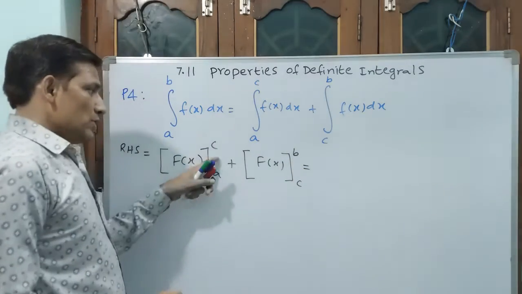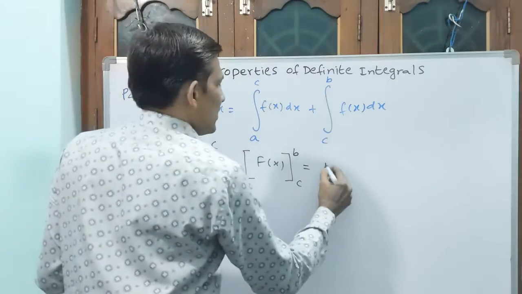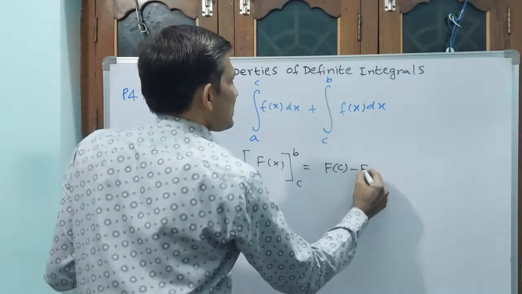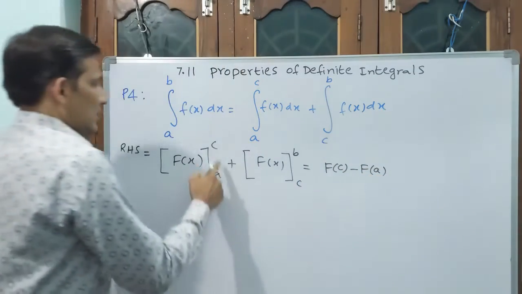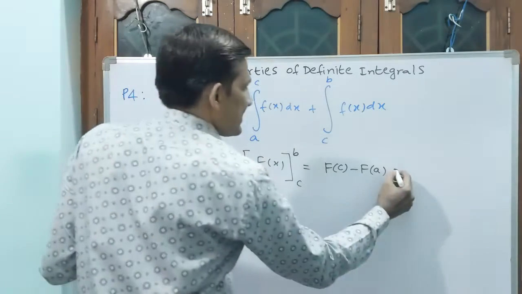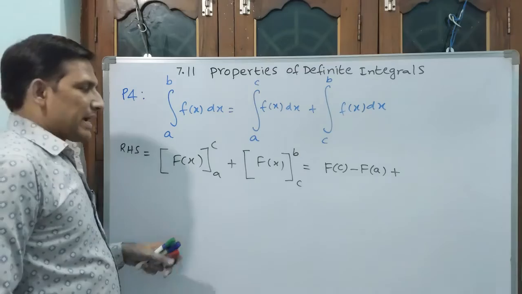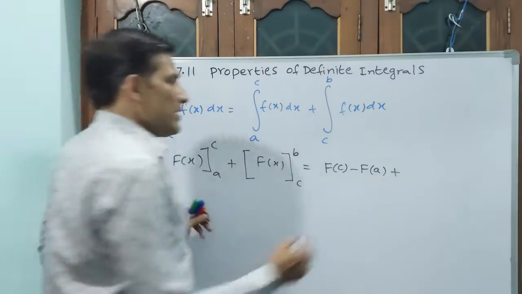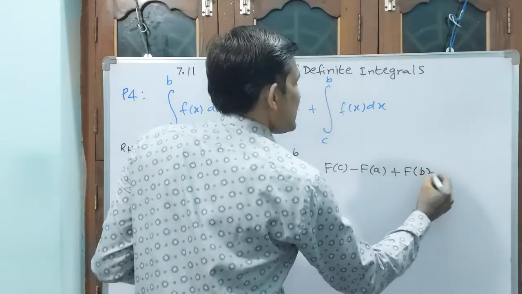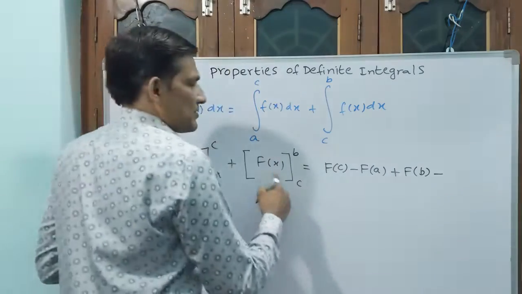That is equal to F of c minus F of a, plus, because plus is there, there is no requirement of parentheses or brackets, directly you can write F of b minus F of c.